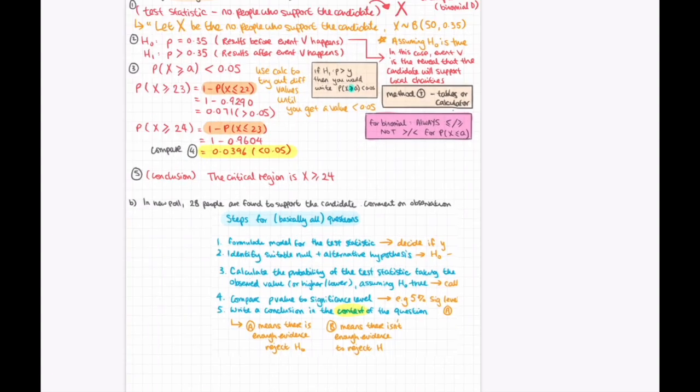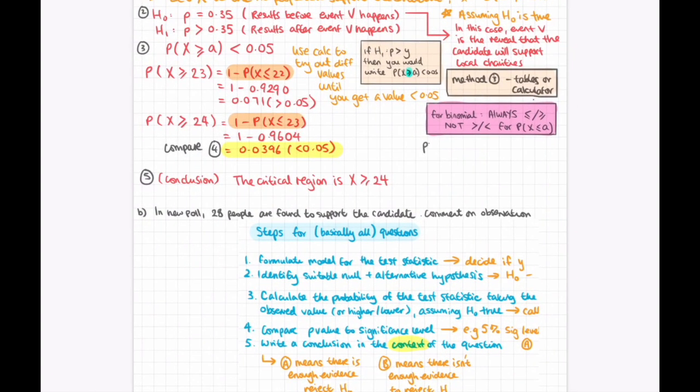So just remember that any probability is from 0 to 1, which means that the probability that x is bigger than or equal to a is always going to be 1 minus the probability x is less than a minus 1.